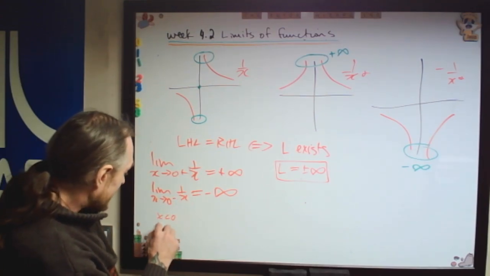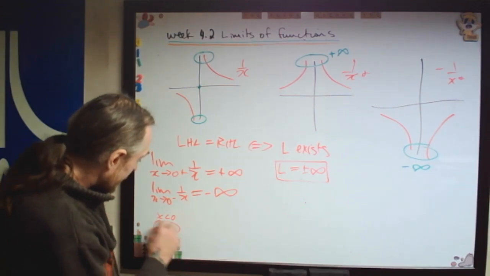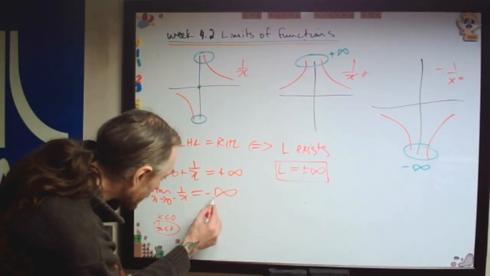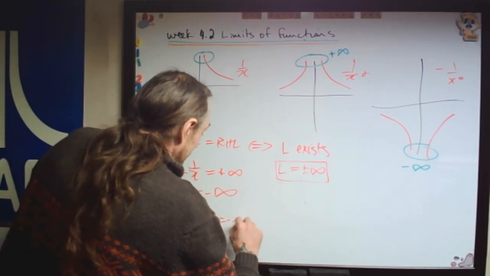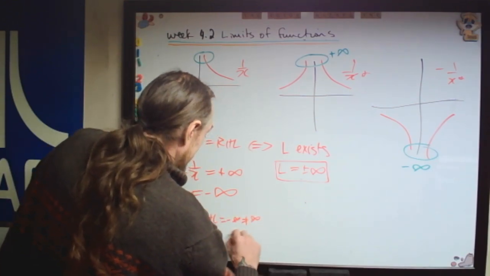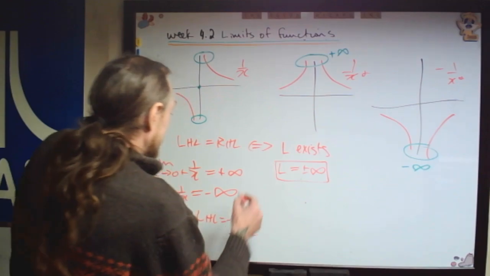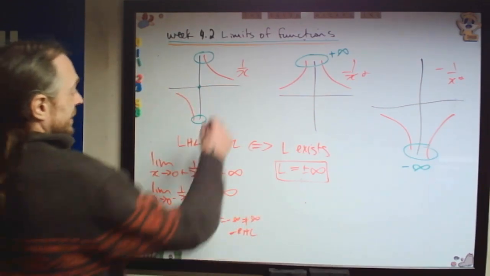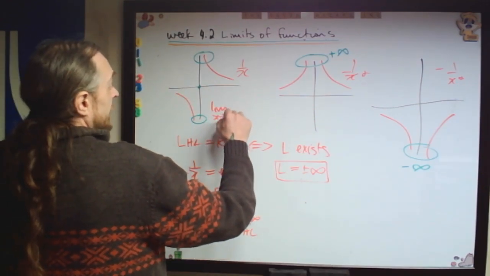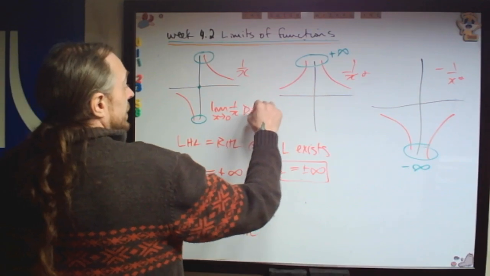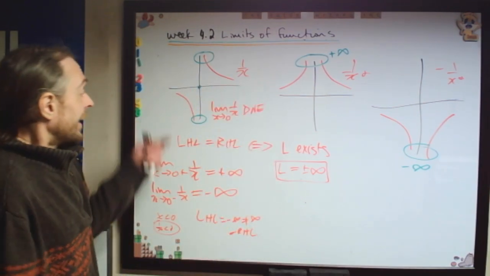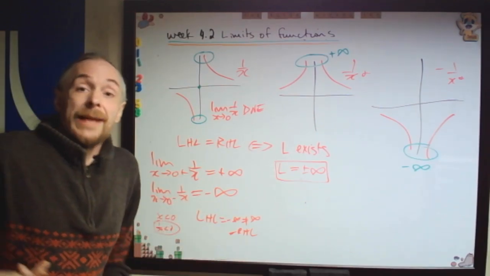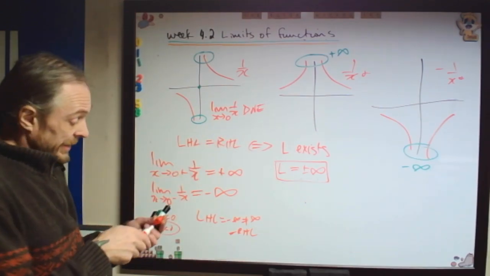Yes, x is less than 0, so 1 over x will still be less than 0, and so this is going to get arbitrarily large negative. Because the left-hand limit is negative infinity, which doesn't equal positive infinity, the right-hand limit, we would say this limit does not exist. The limit as x approaches 0 of 1 over x does not exist, because we had to check the left and the right limits, and because we got different values, even though they were negative infinity and positive infinity, we say does not exist.